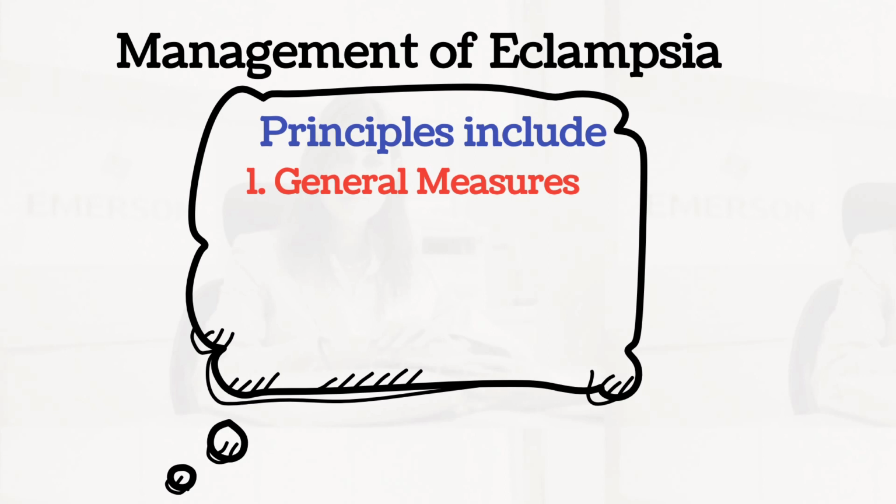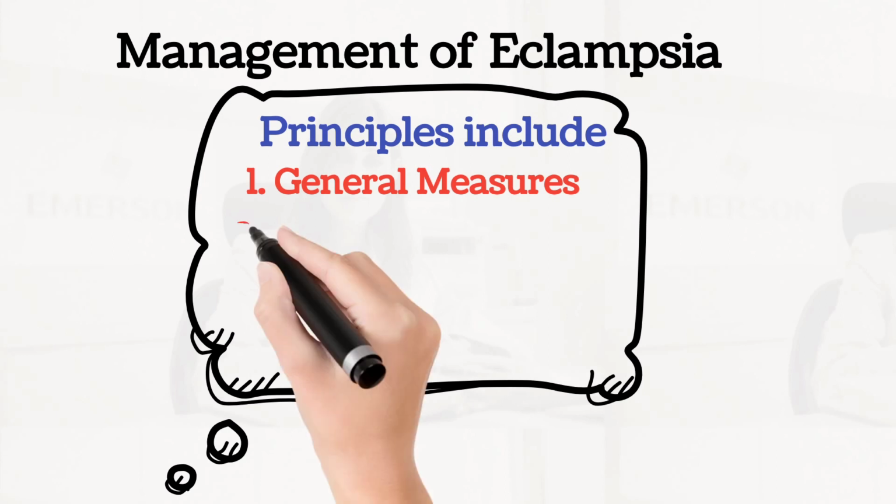You also have to take note of the proteinuria, hematuria, and specific gravity. Then, of course, you have to observe the maternal pulse, temperature, blood pressure, respiratory rate, tendon reflexes, number of fits, duration of coma, and the uterine contractions. All these you have to take note of under general measures. Then, not forgetting the fetal heart rate, you also have to take note of it.